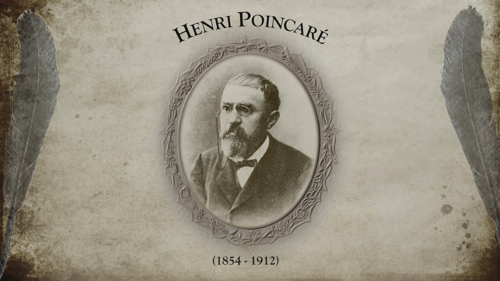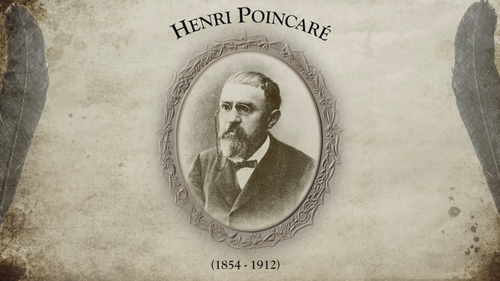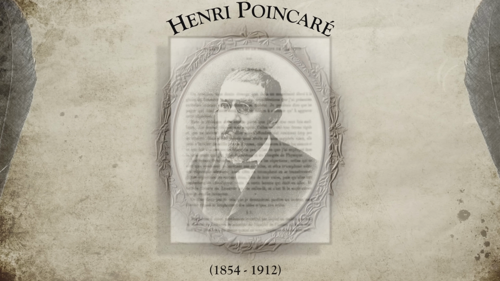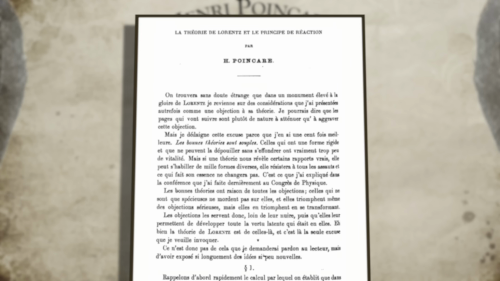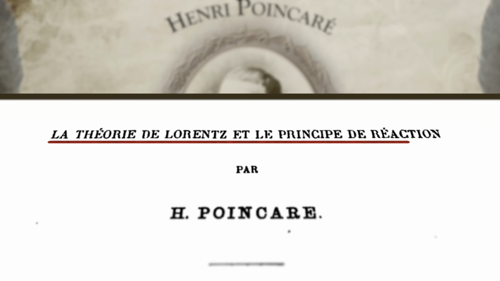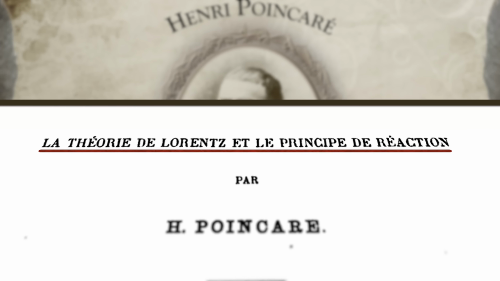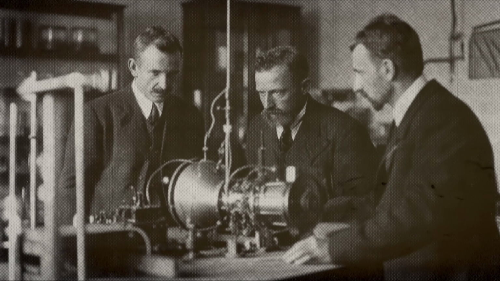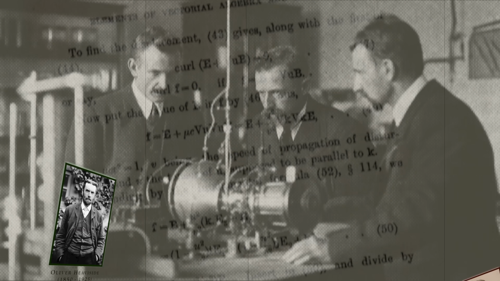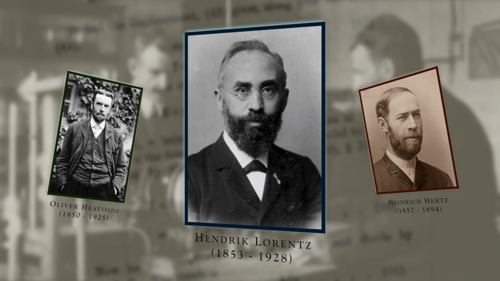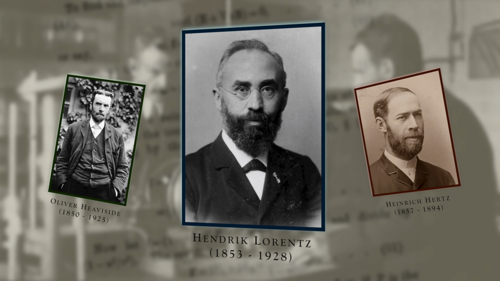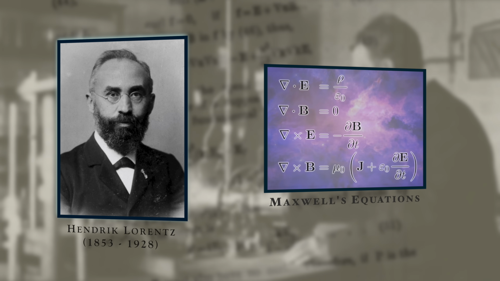In the year 1900, the French mathematician Henri Poincaré published a groundbreaking paper entitled The Theory of Lorentz and the Principle of Reaction. At the time, electromagnetism was all the rage, with different physicists such as Hendrik Lorentz jostling to discover new ways to interpret and implement Maxwell's equations.